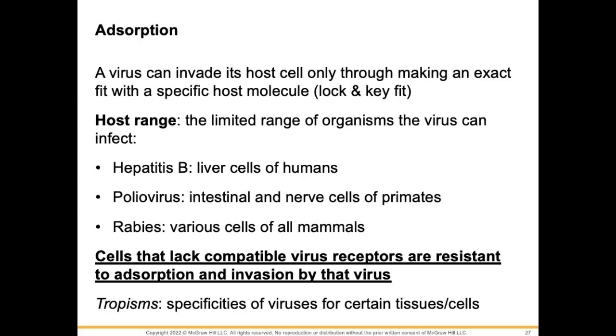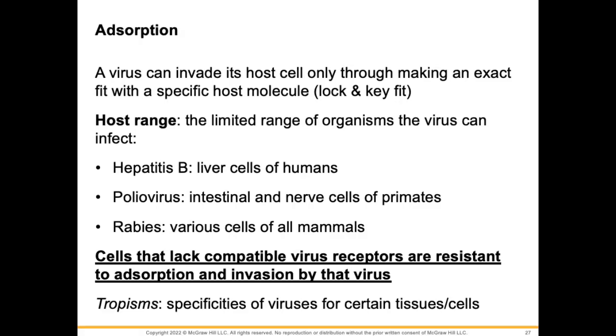So when we're talking about host range, it means that hepatitis B can attack the liver cells of humans, poliovirus, intestinal nerve cells of primates, rabies, various cells of all mammals. So some have more versatility than others.